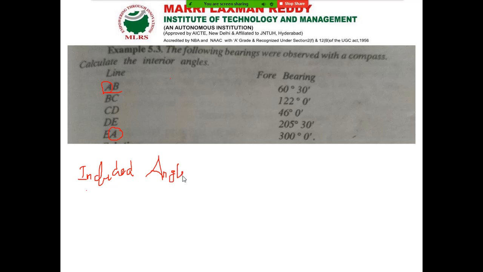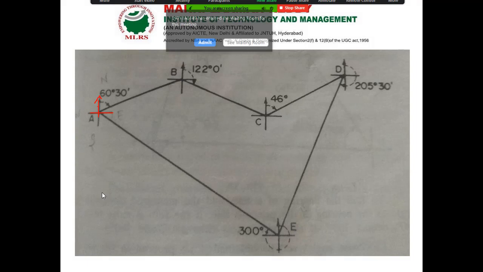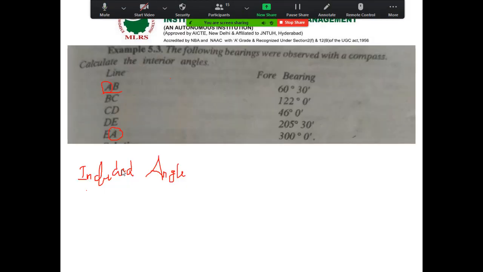Here the traverse is running in clockwise direction, A, B, C, D, E, A, so we have to calculate the interior angle.